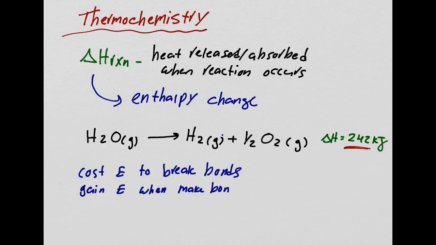So it costs energy to break bonds, you gain energy to make new bonds, and basically your net profit is what? Your net profit is the delta H of the reaction. If you think about the example I said, $250,000 to build a house, $400,000 to sell it, what is my net profit? $150,000. Okay, so hopefully you understand what a delta H is, change of enthalpy for this reaction.